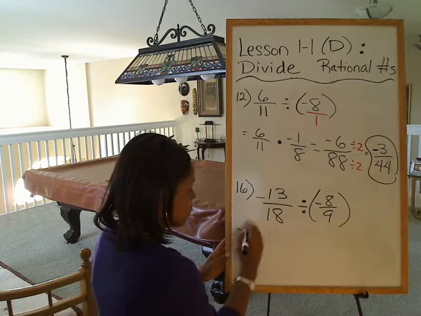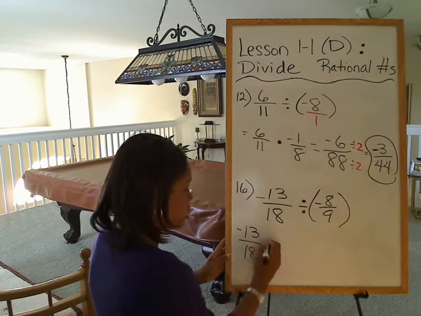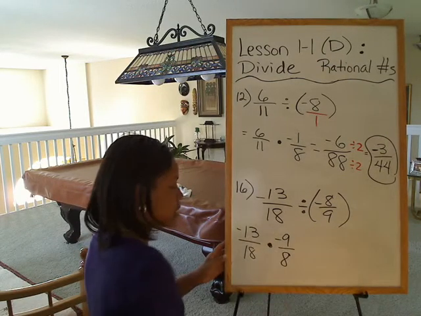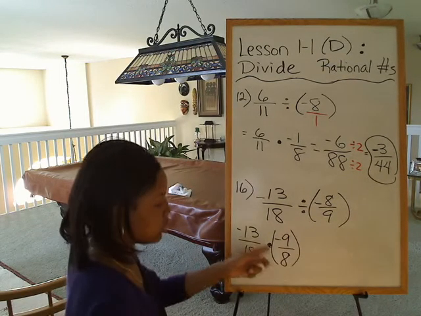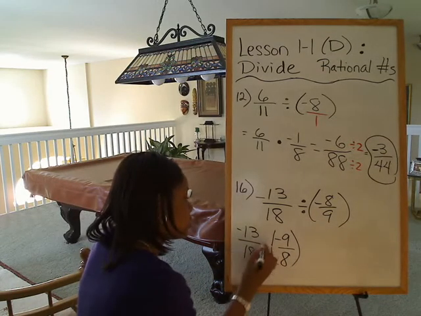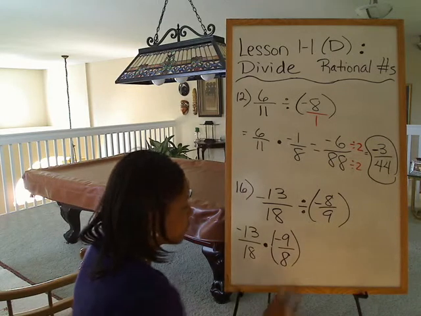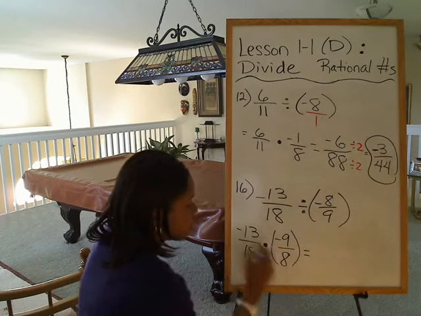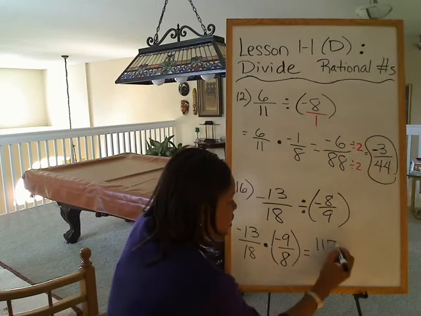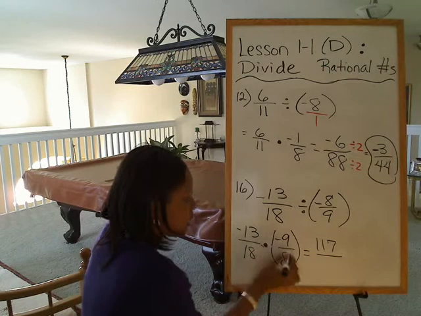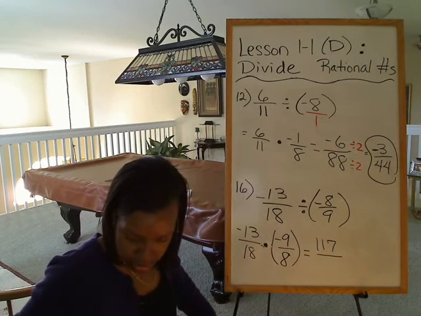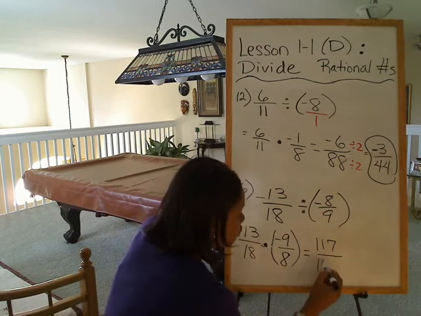So keep it, change it to multiplication, and flip it. -9 over 8. Parentheses just so that we don't have the two signs next to each other. Negative times negative gives you positive. 13 times 9 is 117. So it's positive because -13 and -9 gives you positive 117. 18 times 8 gives you 144.